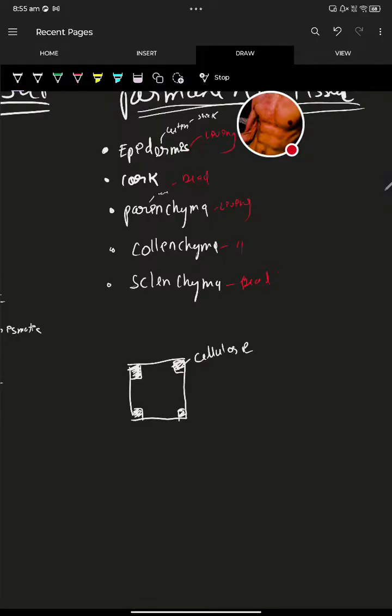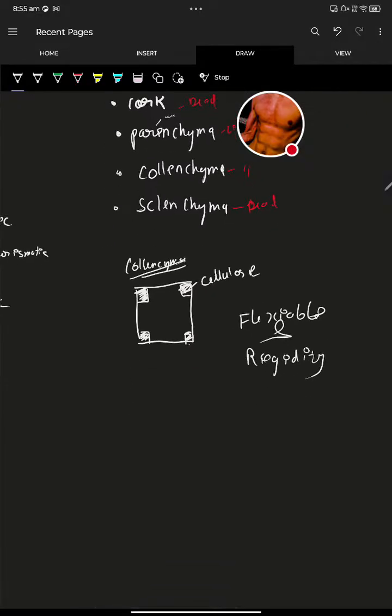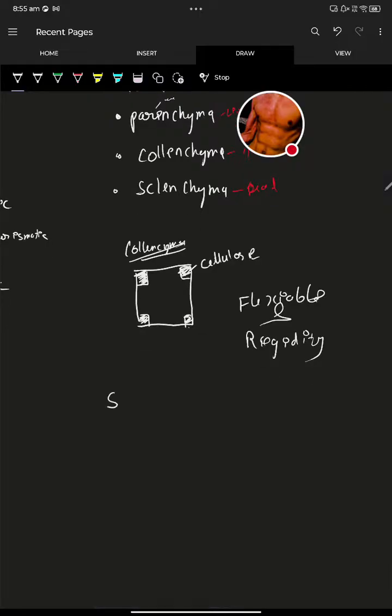It provides elasticity and flexibility, preventing breaking of the plant while bending. So the whole purpose of collenchyma is to provide flexibility and rigidity, basic support to the corners, and this is filled with cellulose. That is the whole collenchyma.